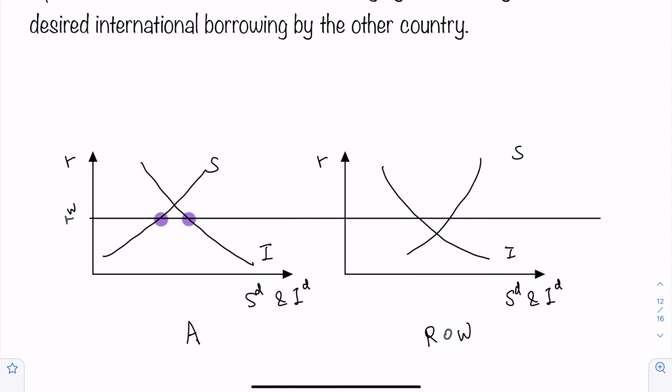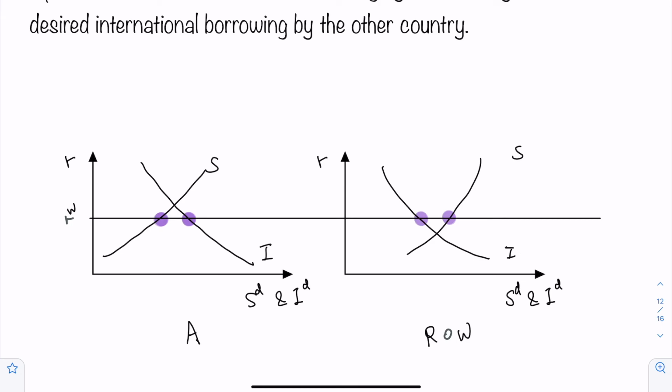In that case, the rest of the world needs to provide the funds to finance the gap of the large open economy. So the borrowing of the large open economy will become the lending of the rest of the world.